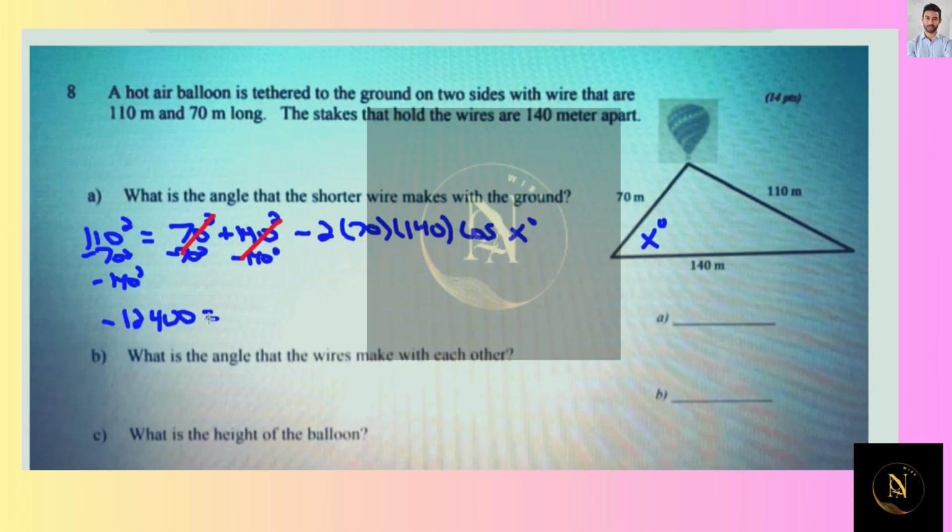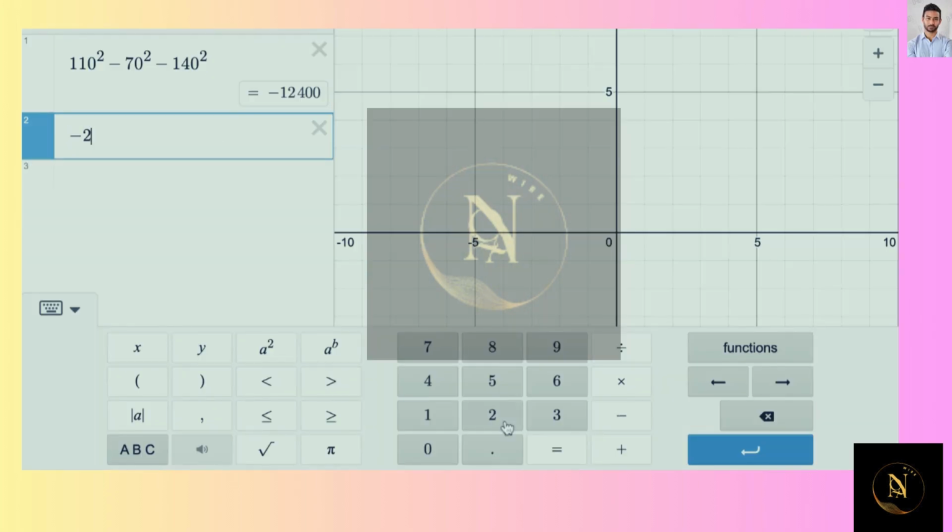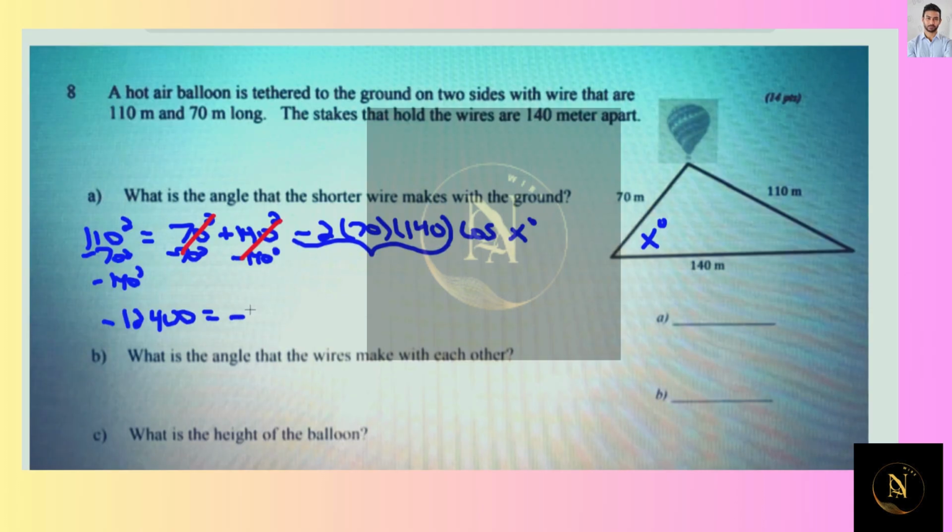And that would equal negative 2 times 70 times 140. Negative 2 times 70 times 140 is negative 19,600 cosine x.